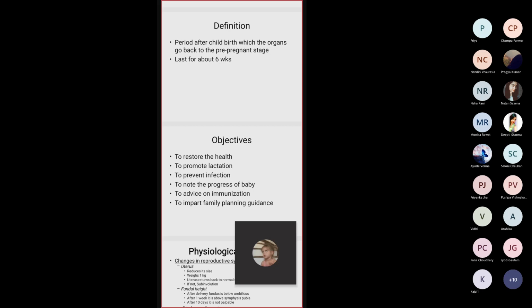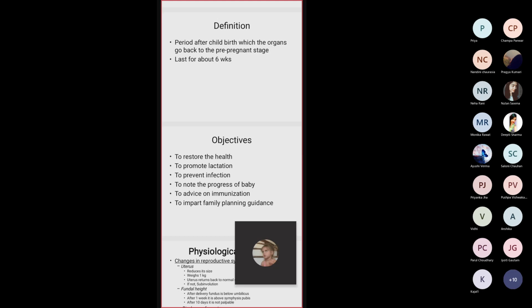To promote lactation. Every mother after childbirth has the responsibility to give breastfeeding. Normally primigravida mothers may feel difficulty, so you have to educate the mother and promote the lactation process, especially in a primigravida mother.